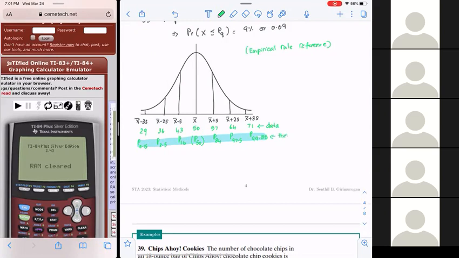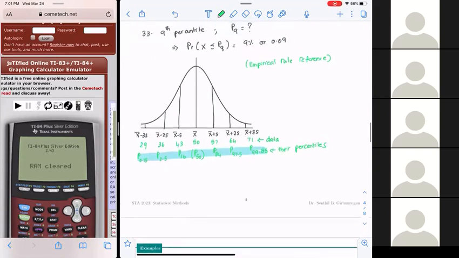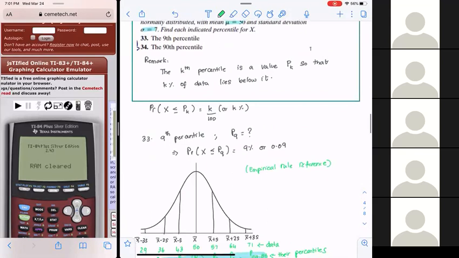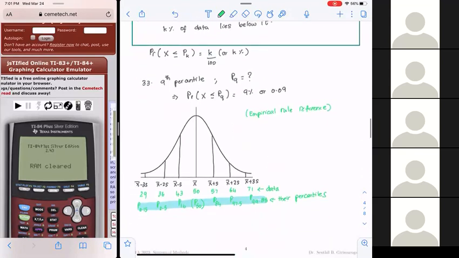Now, why did I draw this? I drew this so that you can sort of guess the answer even before you start the problem. Problem 33 wants to know the 9th percentile. 9% has to lie below the number that I pick.